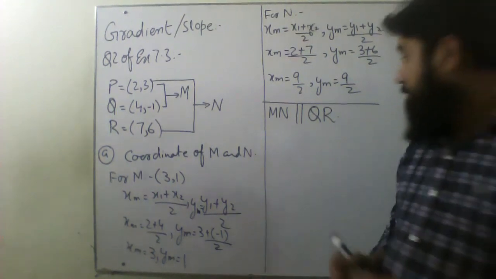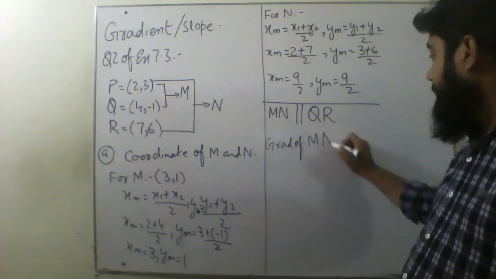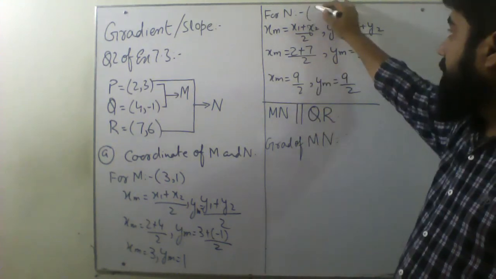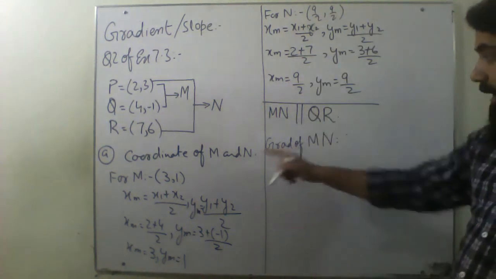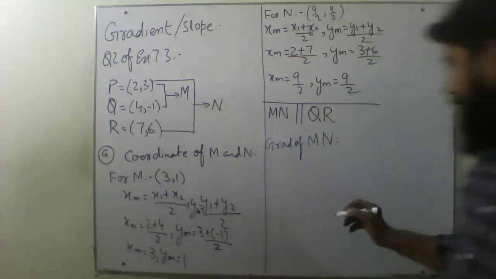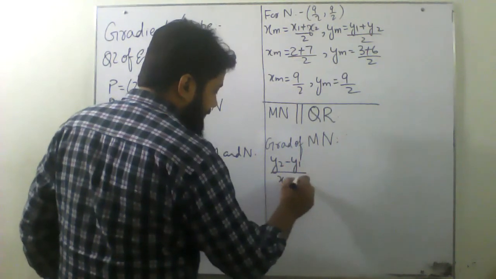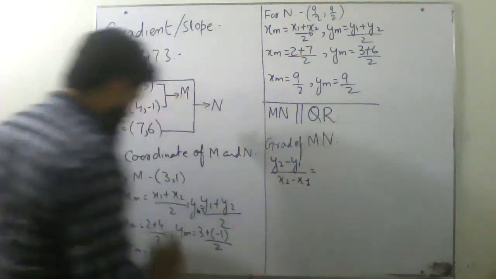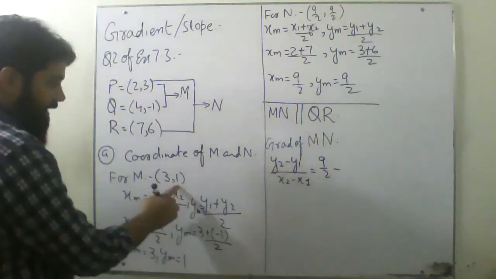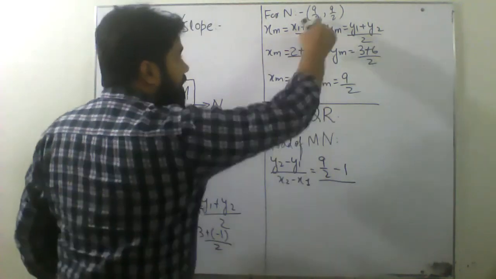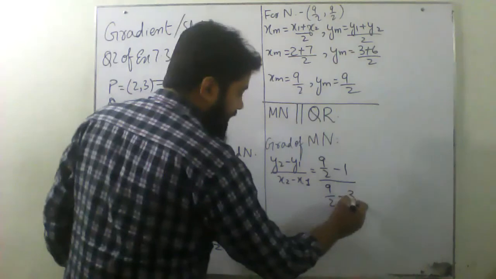So first of all, finding the gradient of MN. The coordinate of N is 9 over 2 comma 9 over 2, and the coordinate of M is 3 comma 1. The formula is y2 minus y1 over x2 minus x1. So y2 is 9 over 2 minus y1 which is 1, over x2 9 over 2 minus x1 which is 3.